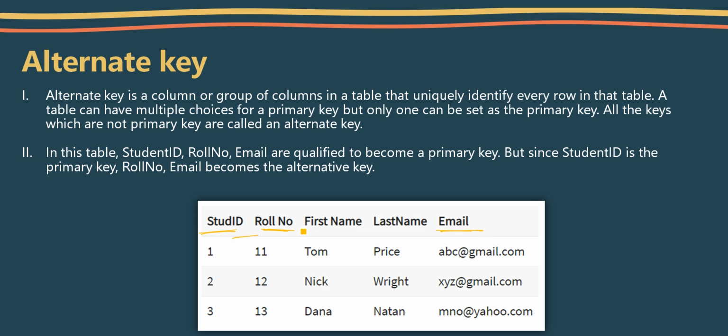Yes. So we have three options. Any one of them can be selected as a primary key. Let's say I choose roll number as a primary key. Roll number as a primary key. Then what will the other columns be termed as? These other columns will be termed as alternate keys. Okay?